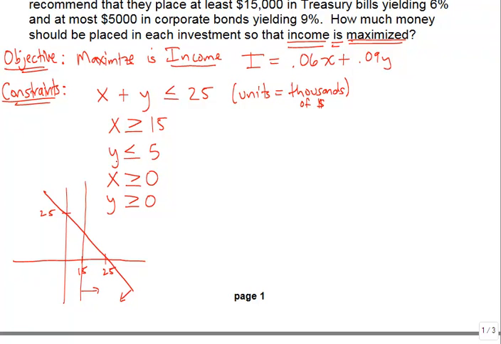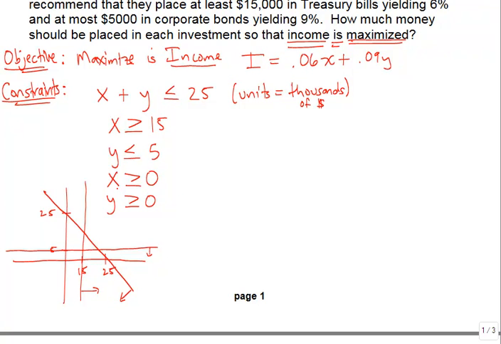Okay, let's look at the next constraint, Y less than or equal to 5. So 5 is somewhere down here on the Y-axis, and Y equals 5 is a horizontal line right here. Y less than or equal to 5 would be shading down. So now we're below this horizontal line and going down.